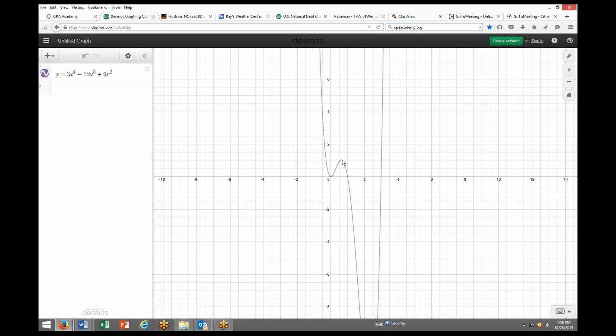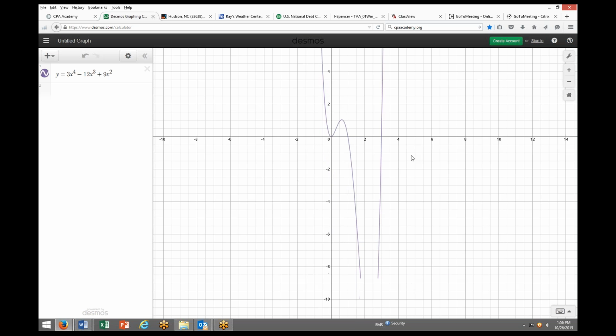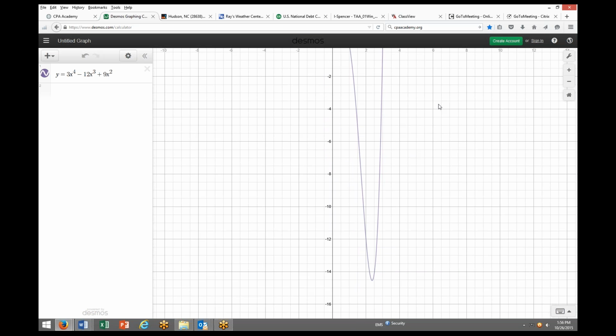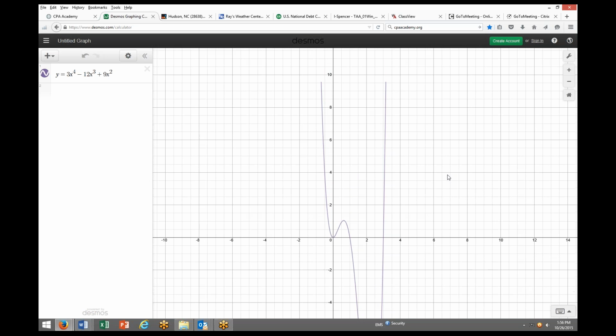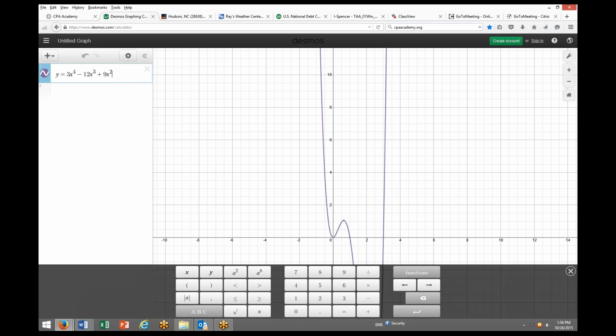And it goes back up again a little bit, and then down again, and then it only goes down so far, and then comes back up again. And my point is, this is an x to the fourth function with a positive leading coefficient being 3. And so that means, without even looking at the graph, even with all these other terms after it, it's not going to make any difference. It's still ultimately going to behave basically the same way.